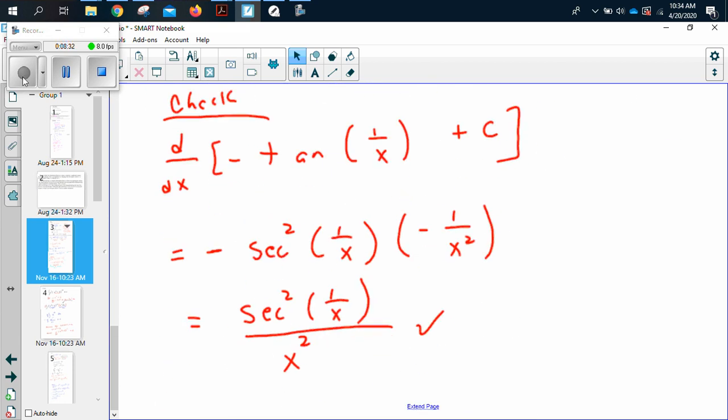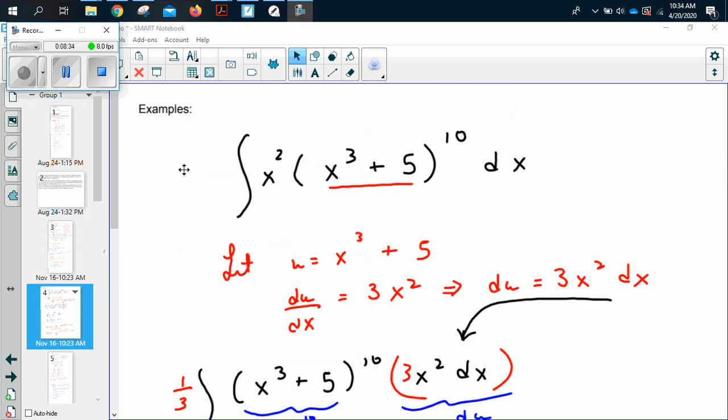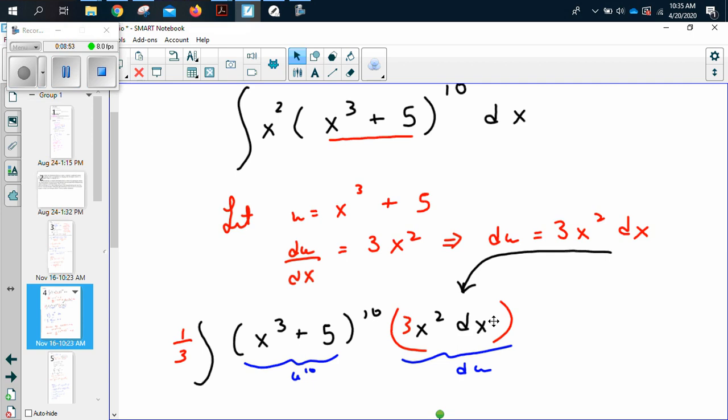So that works. Here is a classic substitution problem. You can see that I've got a composite. Let u be the inside. The derivative would be 3x squared, so my du would be 3x squared dx. And I've got an x squared, so I just need to multiply that by 3. So I grouped it over here. I multiply by 3 and I divide by 3.